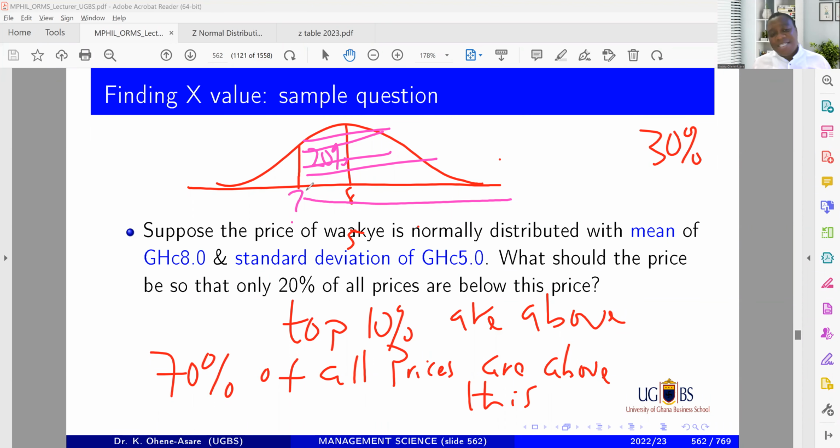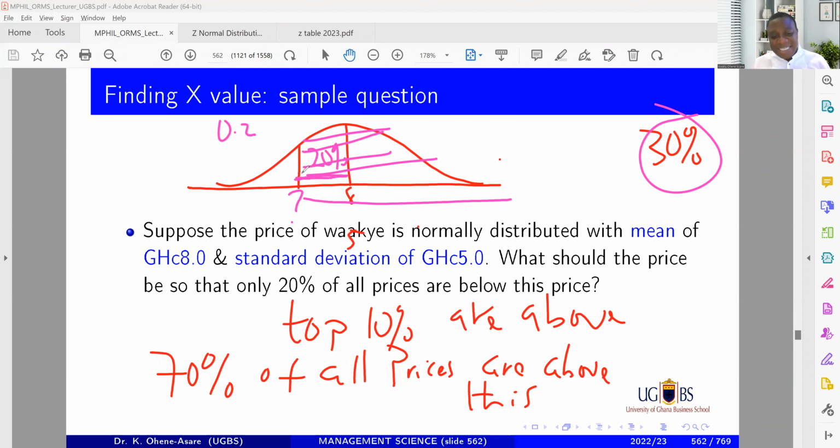So what it means is that you have to read this 20, so you're going to read 0.2 and not 0.3.